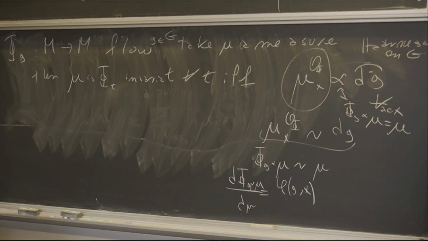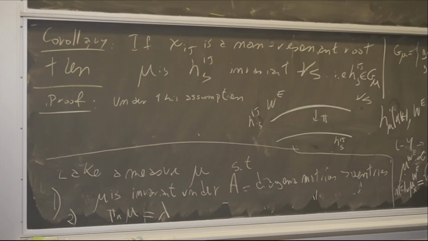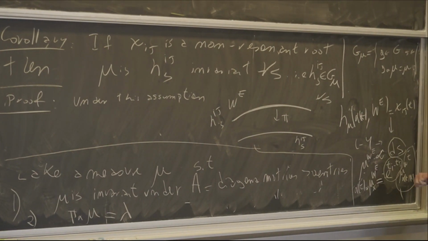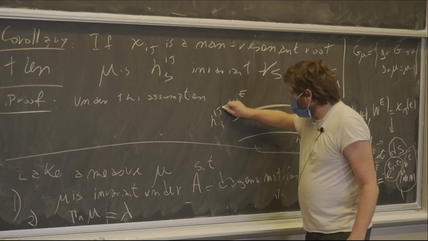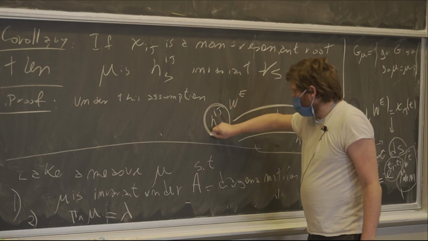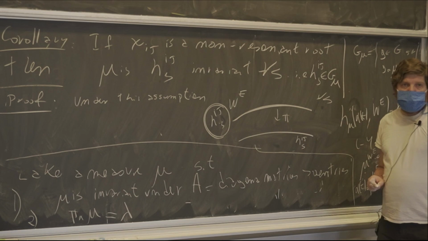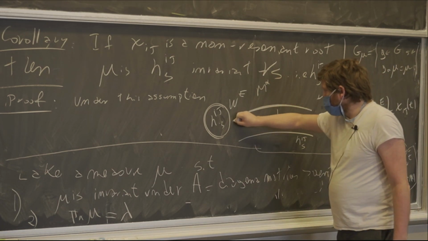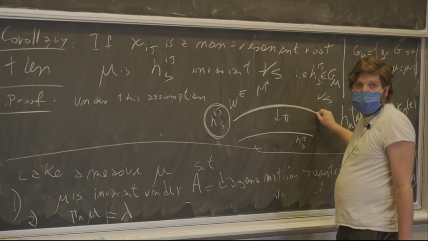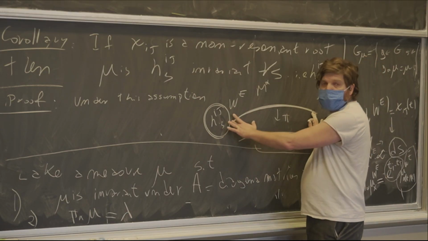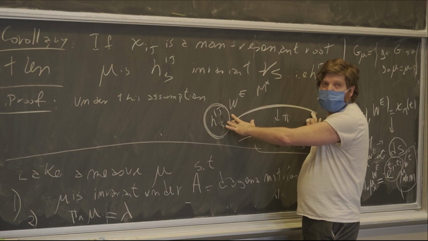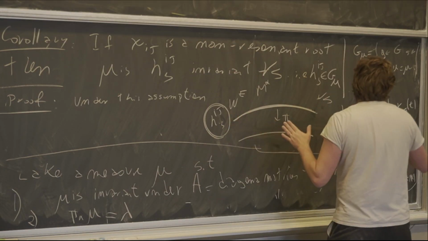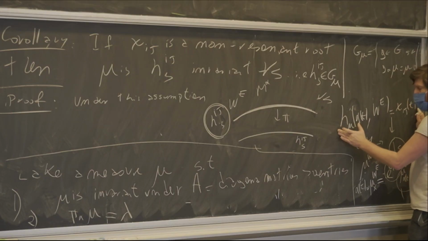And here, the flow we are looking at this way is the horocycle flow, the flow h_s. We have this flow acting on the M alpha. Its orbits are these guys, and we want to know what the conditional measures are here. Then we apply our formula.